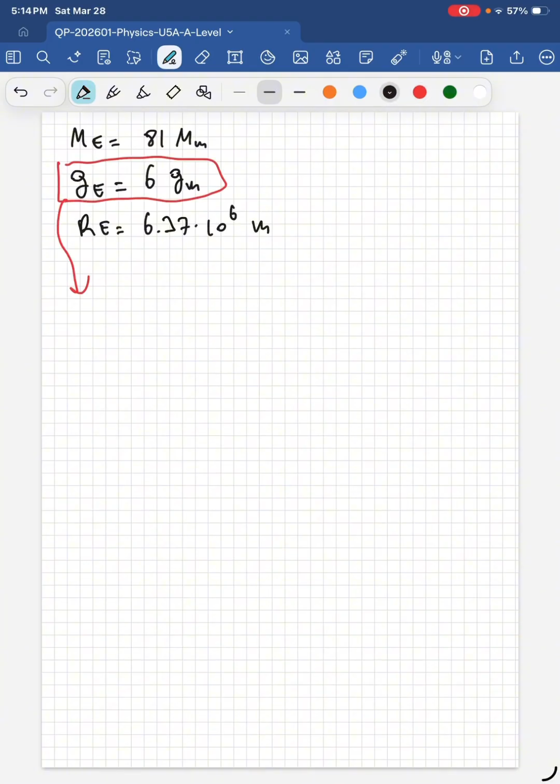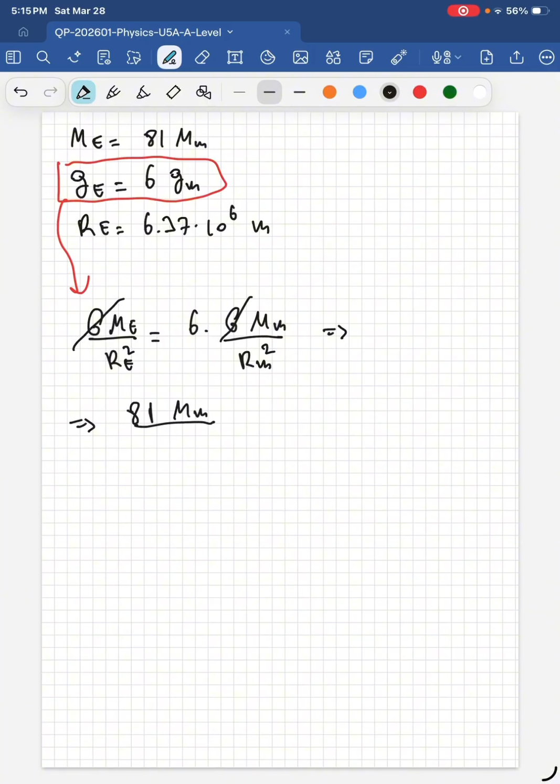Okay. The definition is that g is G times the mass of the Earth over the radius of the Earth squared, and this is equal to 6 times G mass of the Moon over R of the Moon squared. Okay, G goes away, so we have a really nice cancellation over there. Then the mass of the Earth is 81 times the mass of the Moon. The radius of the Earth, we need it, so we'll keep it. So R Earth squared, and this is 6 mass of the Moon over R of the Moon squared.